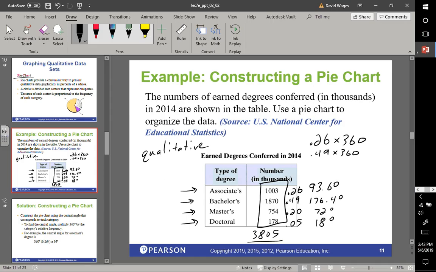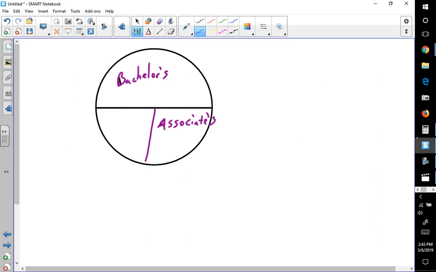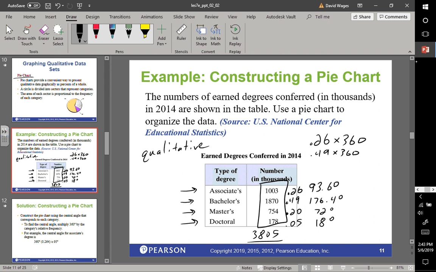And then masters is 72 degrees. So maybe something like that. And then the last category, which is almost 18 degrees, is a doctorate.